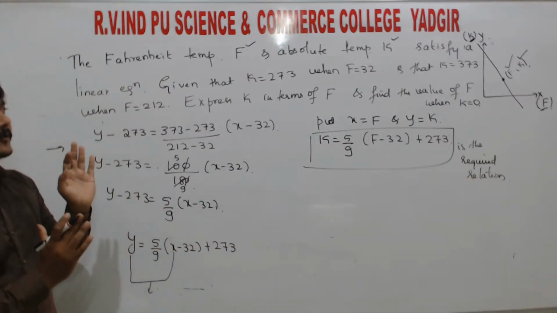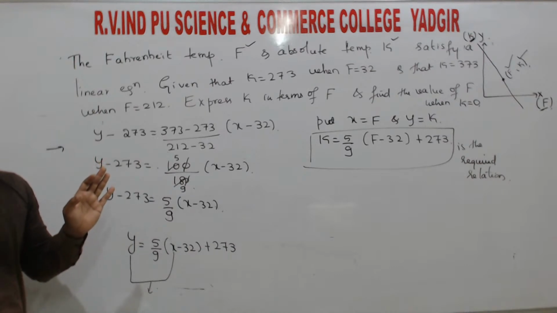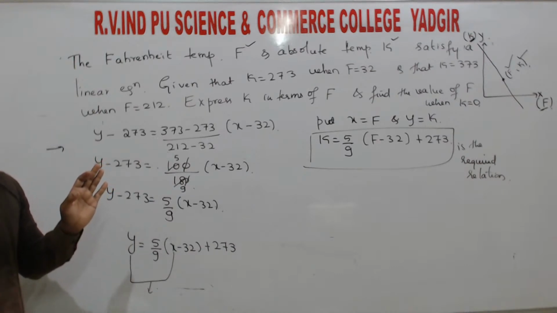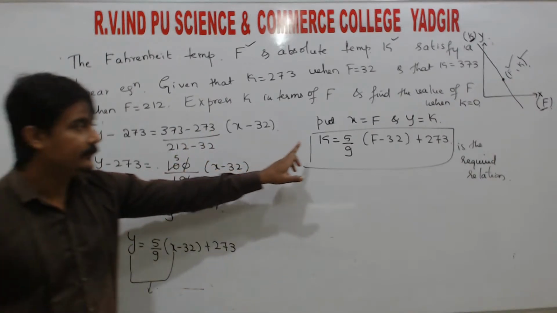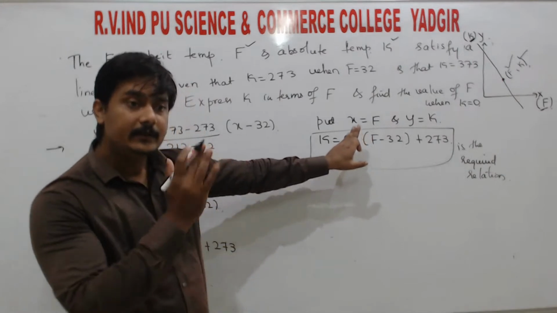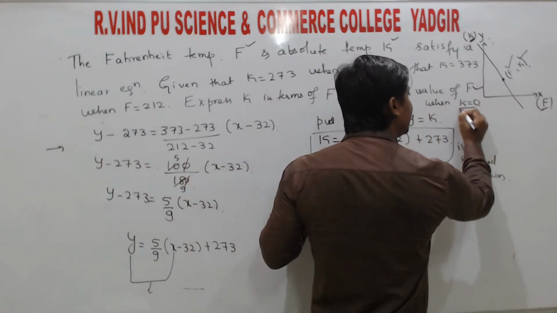So this question has got totally two parts, children. In the first part, I need to establish a relation between k and f. I have done that here. Later, using this relation, children, you need to find out the value of f when k equal to 0.